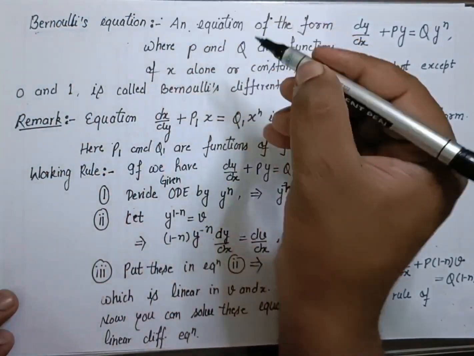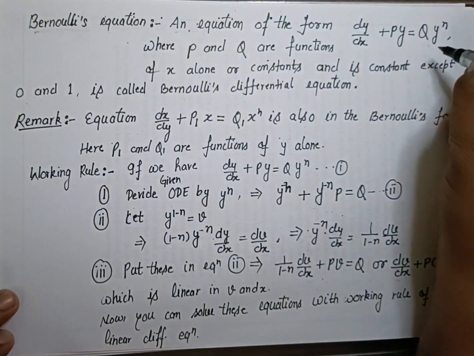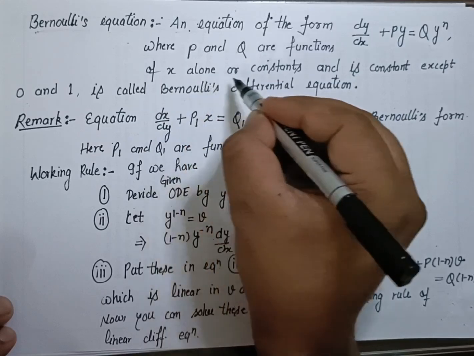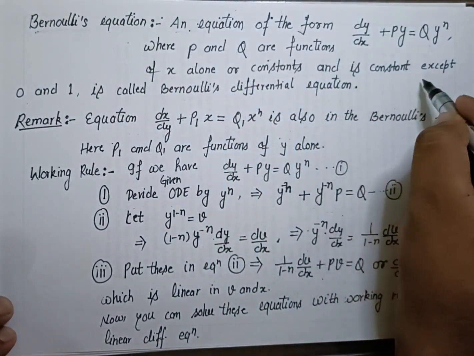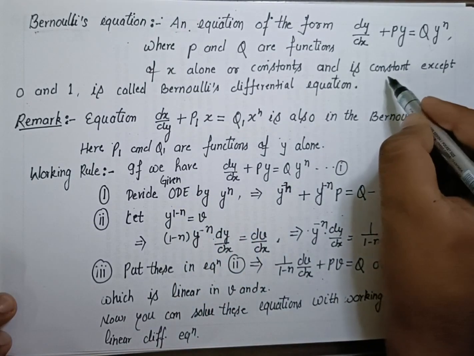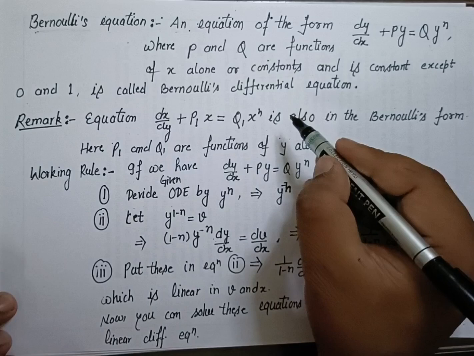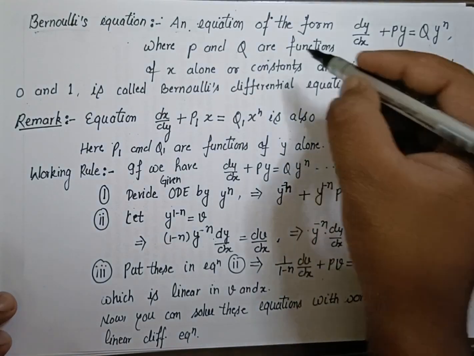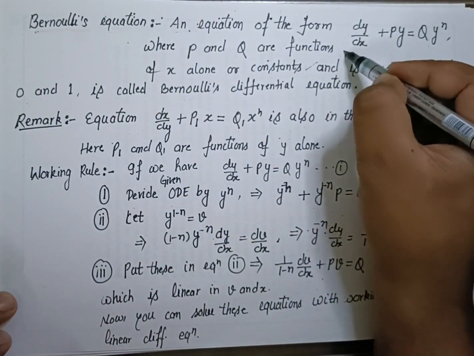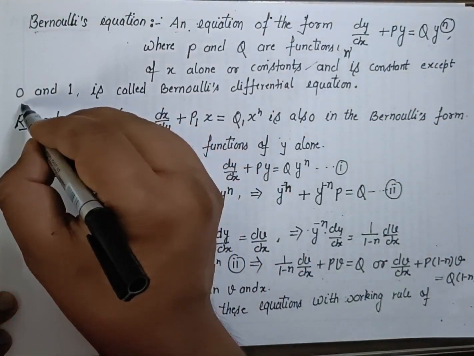Bernoulli's differential equation is an equation of the form dy/dx + py = qy^n, where p and q are functions of x alone or constants, and n is a constant except 0 and 1.